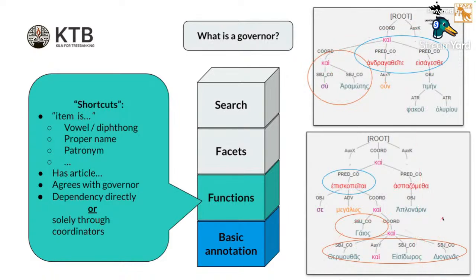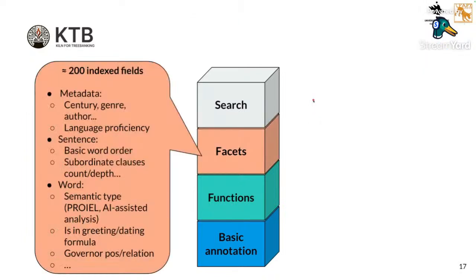And here we have an even messier situation where the subjects actually appear at different levels of coordination. So I am very excited that KTB can find you these subjects and all these subjects to these verbs, regardless of any coordinating shenanigans.